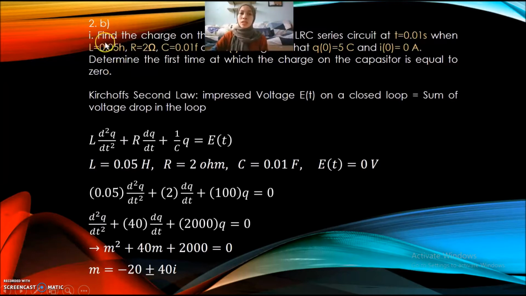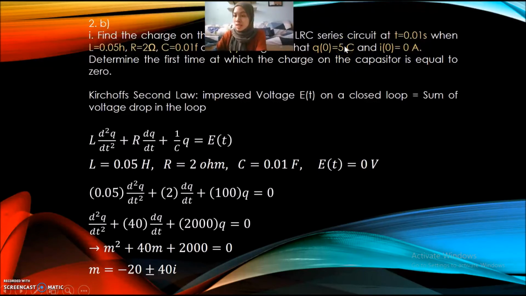The question given is: find the charge on the capacitor in an LRC series circuit at t equals 0.01 second when L equals 0.05 H, R equals 2 ohm, C equals 0.01 F, and E(t), the voltage impressed, is 0 volt, given that Q0 equals 5 C, and for the current, I0 is 0 ampere.